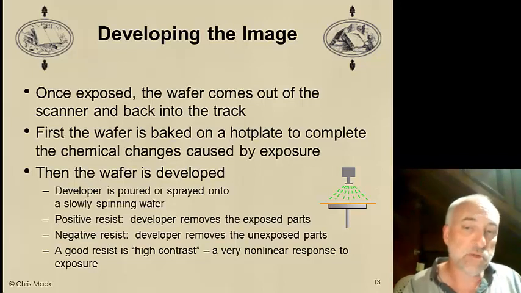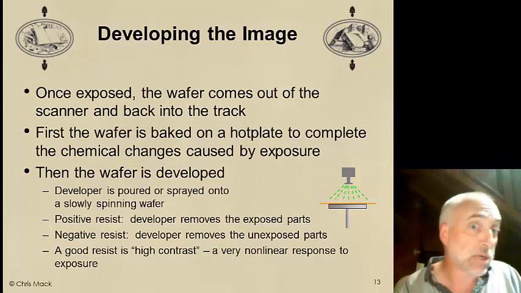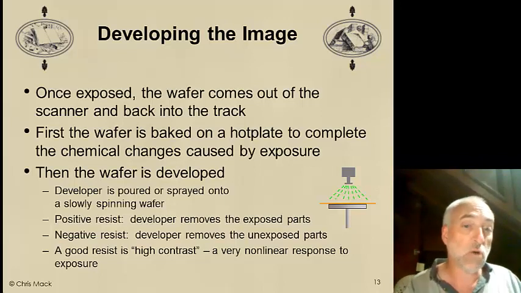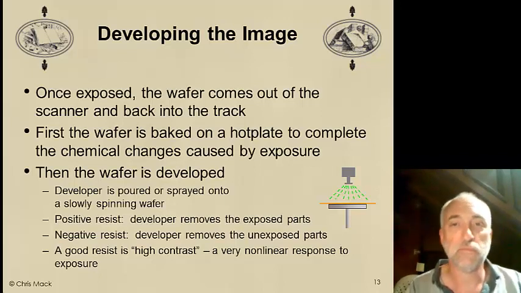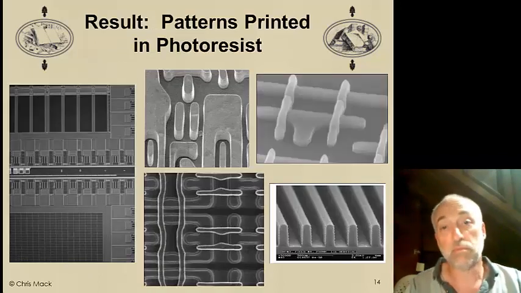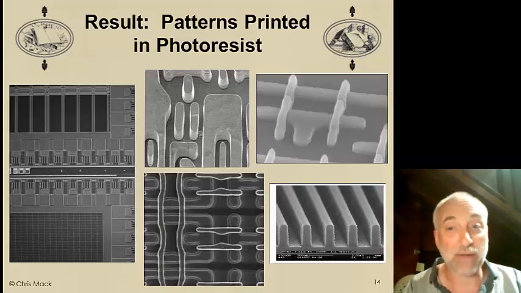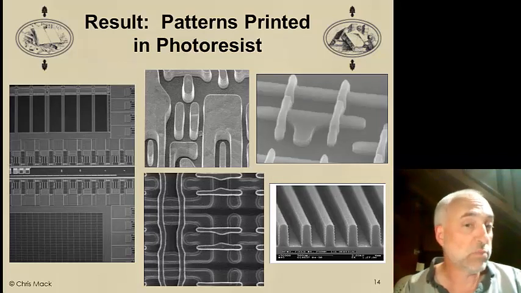We want our photoresist to be highly nonlinear in their response, and we call the nonlinearity the contrast of the photoresist. And we'll talk more about those subjects later as well. The result? Lots of different patterns printed in the photoresist.